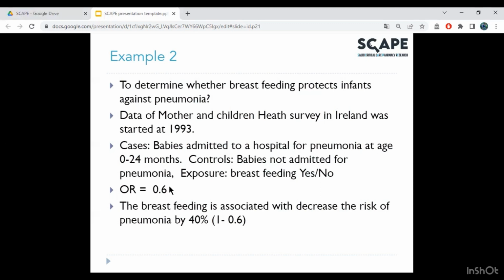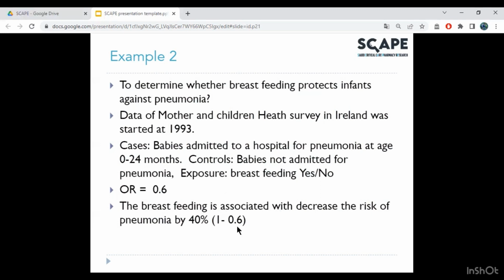In this study, the odds ratio was 0.6, which is less than 1. And it means that breastfeeding is associated with a decreased risk of pneumonia by 40%. Why 40%?